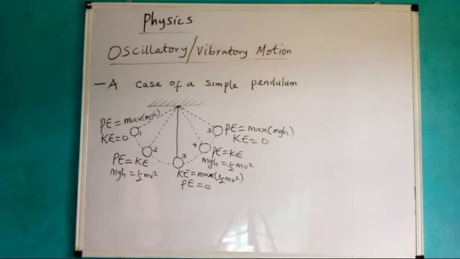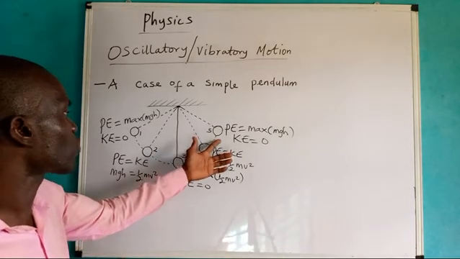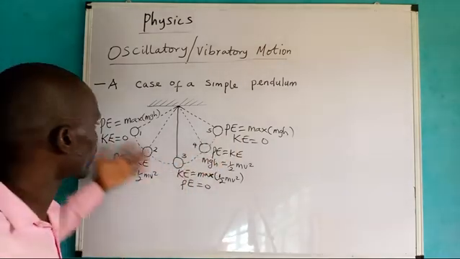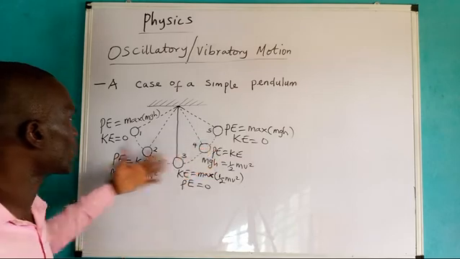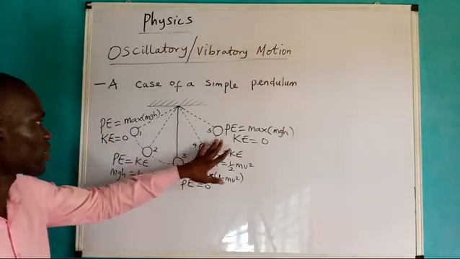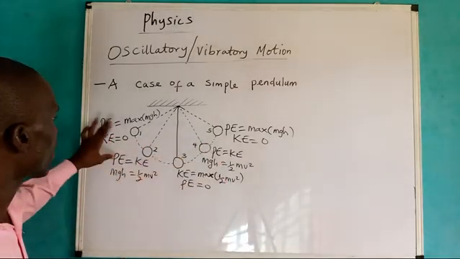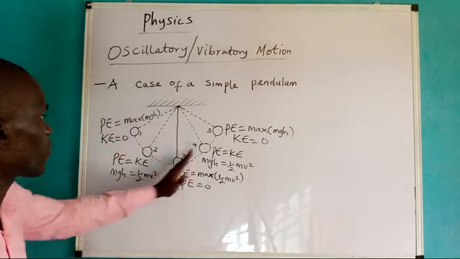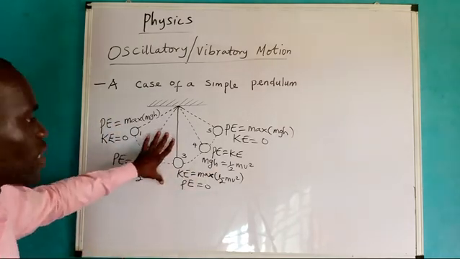When this simple pendulum moves, you can see the position when it swings. When you have a periodic movement, you can see the different positions, and you can see the energy it possesses at these various positions. This is a likely exam question.